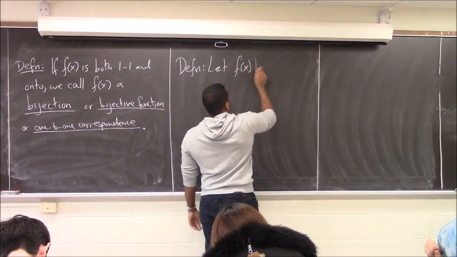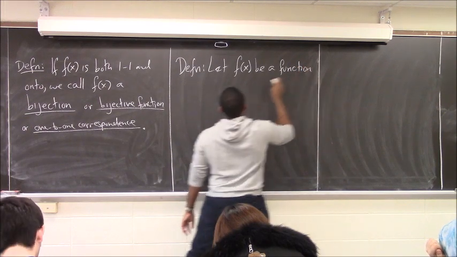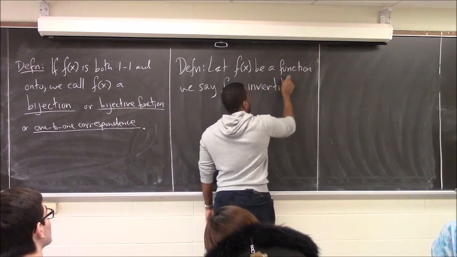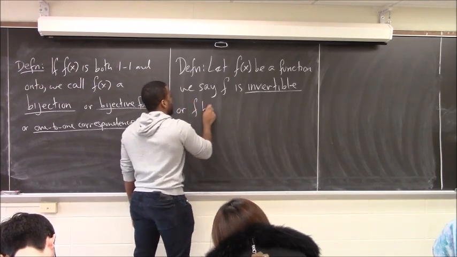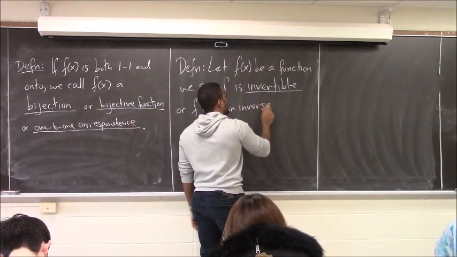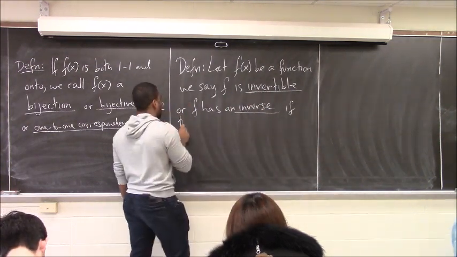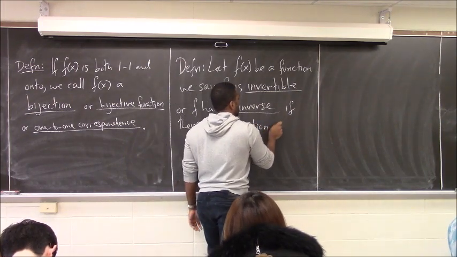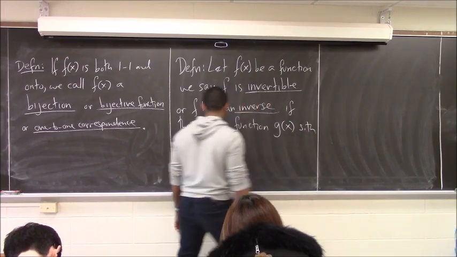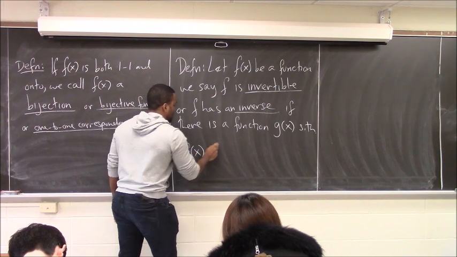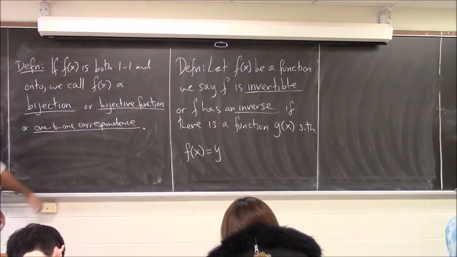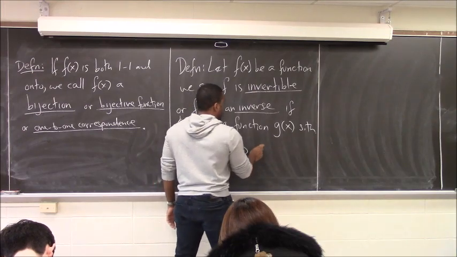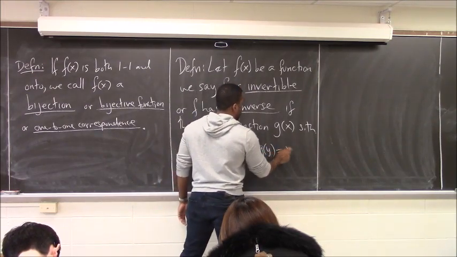Let f of x be a function. We say f is invertible, or f has an inverse, if there exists another function g of x such that if under the function f the output of x is y, then if I take y as the input of g, the output will be x.